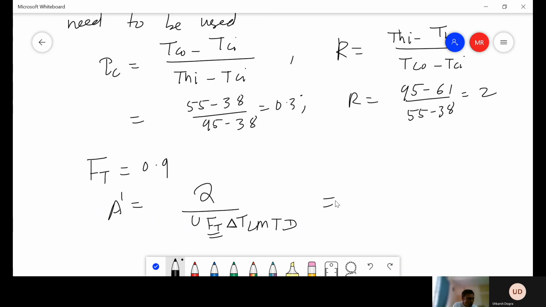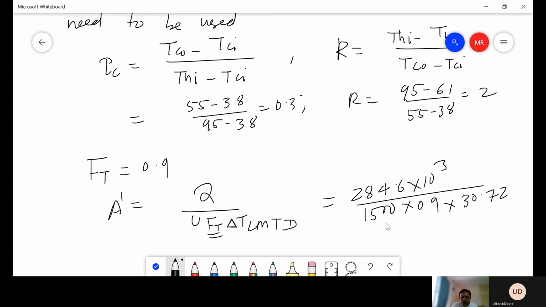We can use all the values exactly as we had earlier. So Q is 284.6 into 10 raised to power 3, U is 1500, FT factor is 0.9, and the delta T LMTD we have already calculated earlier, that is 30.72.